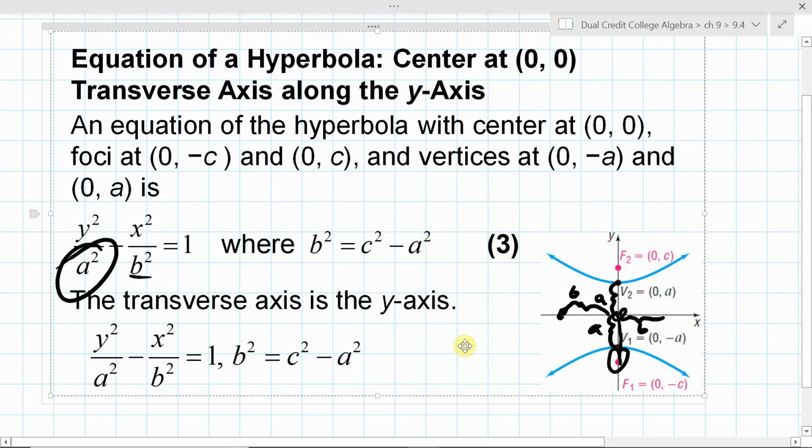I'm not going to do an example, but you should also be able to deal with the center moving from 0, 0. So dealing with an x minus h or a y minus k, and yes, they're still always x minus h and y minus k, which means for the vertices you're going to be adding a, again, to that center along that piece. So it's very consistent with the ellipse.